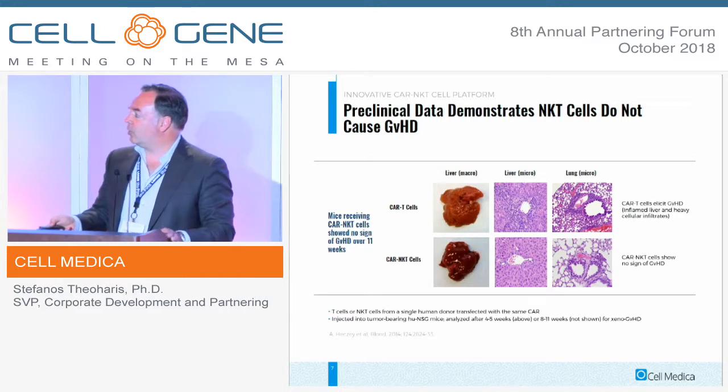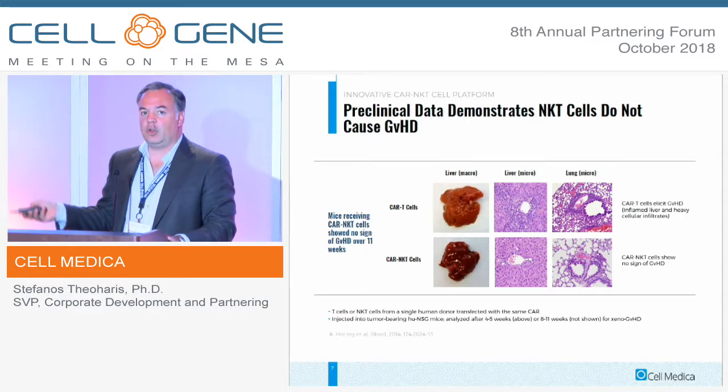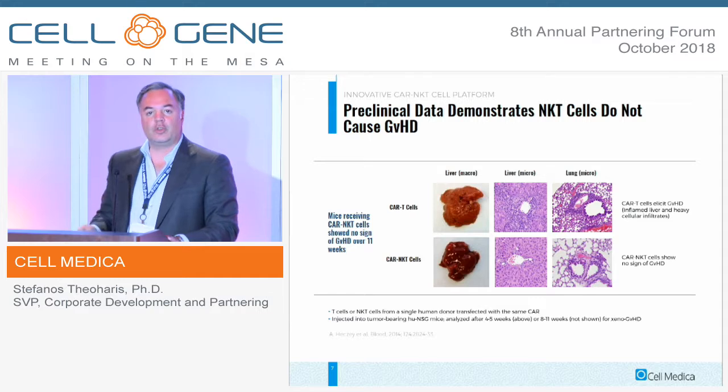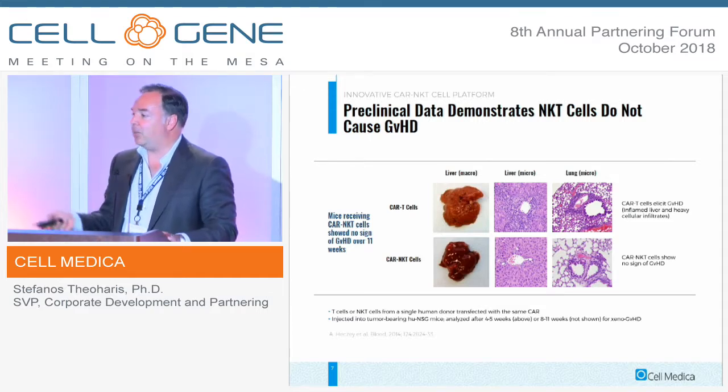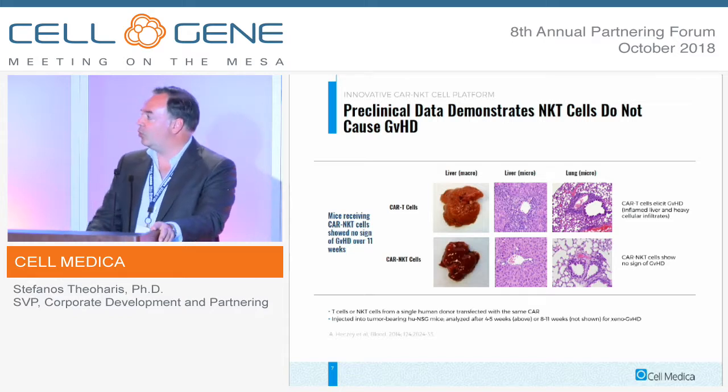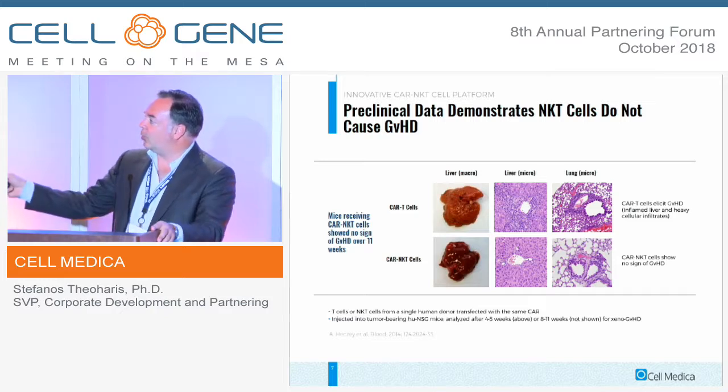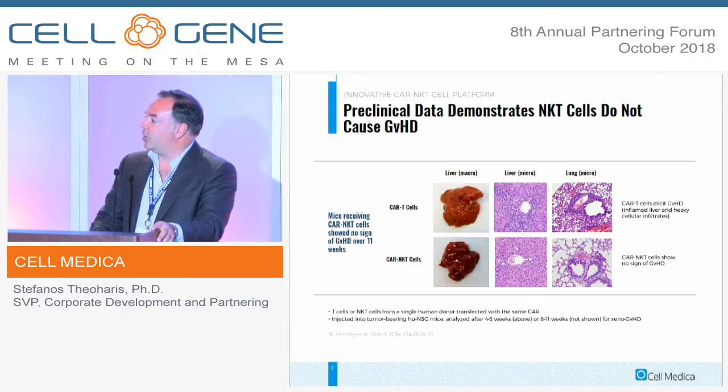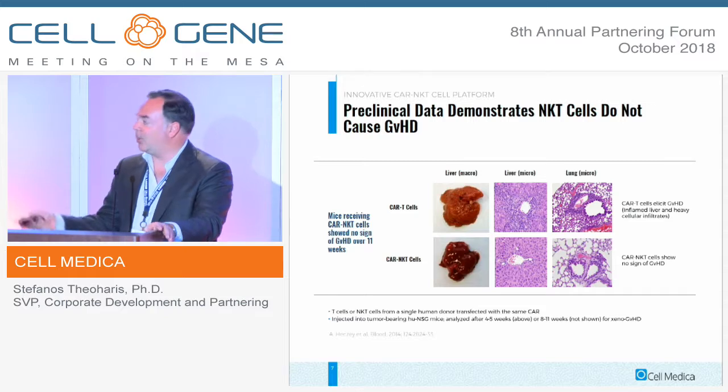This is a slide also generated at Baylor that shows the lack of graft versus host disease after injecting these cells into mice. It's the same animal model, the GD2 CAR against neuroblastoma cell lines implanted into these mice. On the top, what you're seeing is CAR T cells that have been transduced with the same CAR as the NK T cells.